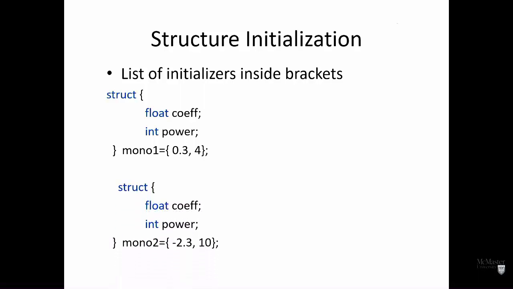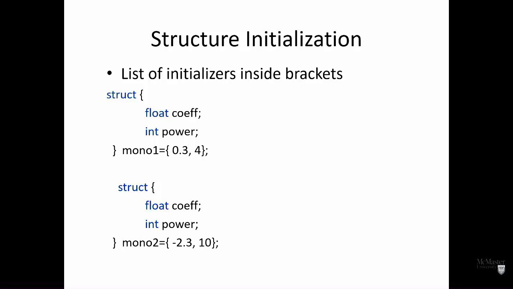Right? Then what if I want to initialize another thing? What if I want to have another monomial? Do I define another structure, say struct, coefficient, power, and then mono2, like 2.3, 10? You can do this, but then you are not leveraging the full power of a structure. Assume my math program has hundreds of monomials, or I even want to add these things together to have a polynomial.